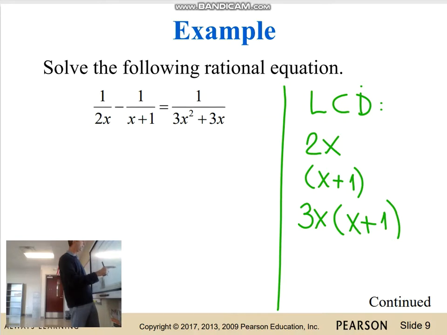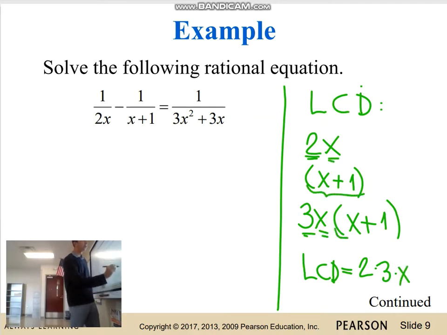This is 3x squared plus 3x. Okay, it's factored. Those are the denominators. To find the least common denominator, write down all the unique factors. We have 2, we have 3, x is a unique factor, and we have x plus 1. All the unique factors are here.